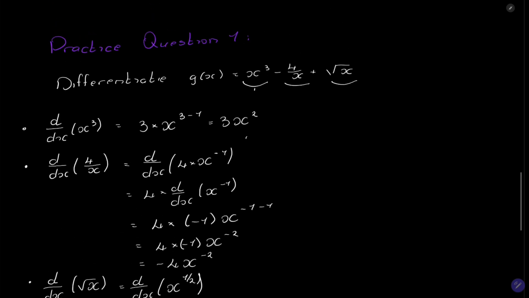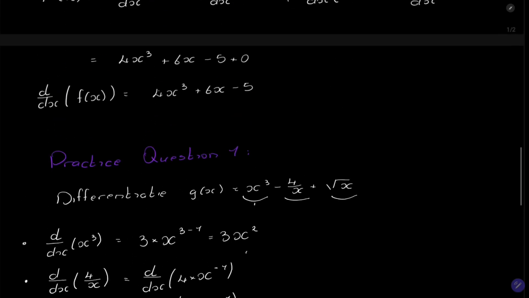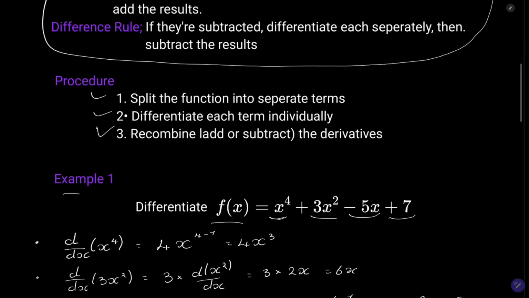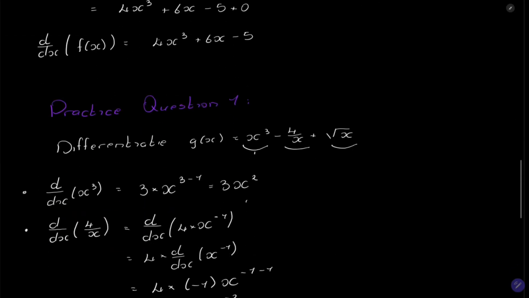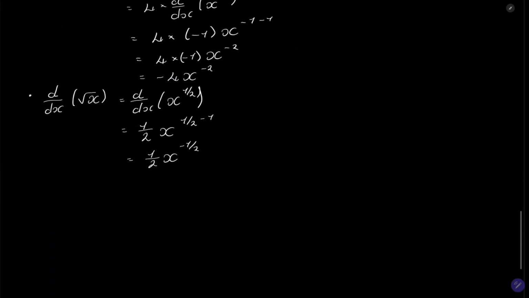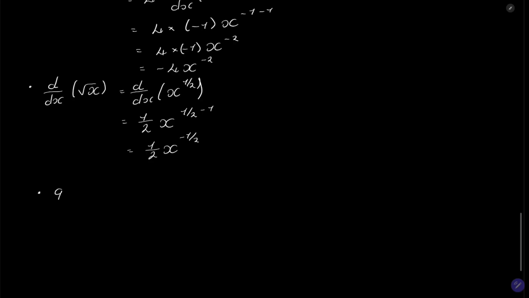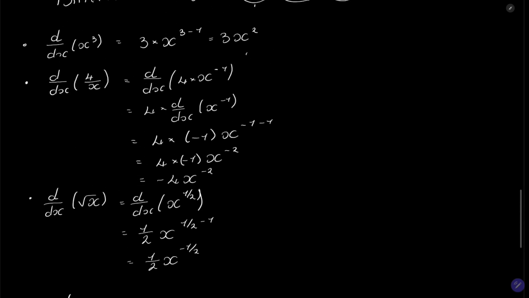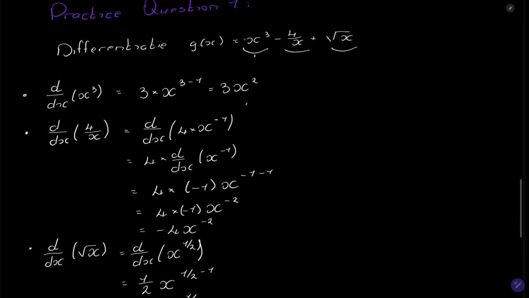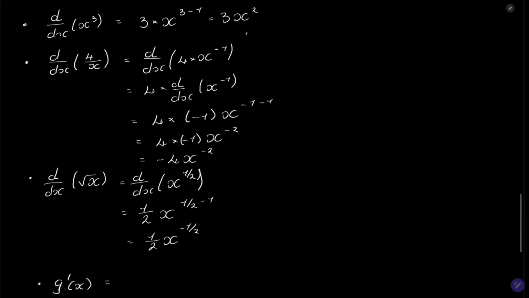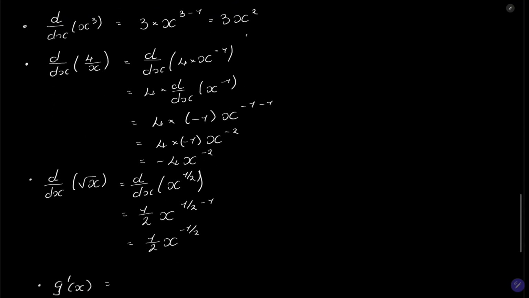Having calculated the derivatives of the individual terms, we will then move on to our third procedure, which tells us to recombine, which is to add or subtract the different derivatives. So from here, g prime of x, which is the same thing as the derivative of g of x, is going to be equal to the sum or difference of these different derivatives depending on the signs we had in the initial question.